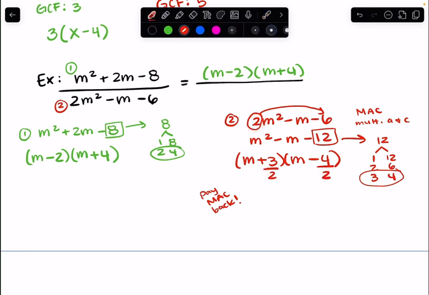All right, so if you can reduce, reduce. So this one right here, m minus 4 divided by 2, is going to give you 2, because 4 divided by 2 is 2. This one, I can't reduce this fraction, so I'm going to go ahead and move my 2 in front of that variable. So you're going to have 2m plus 3. All right, and there is the factor portion for the denominator.